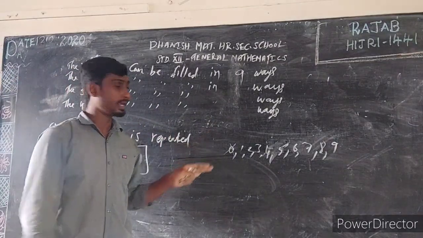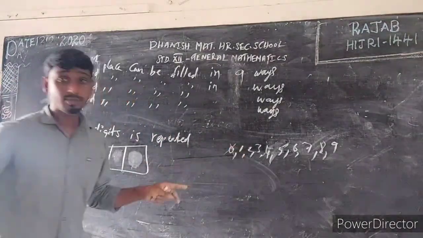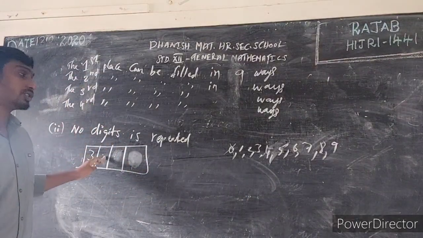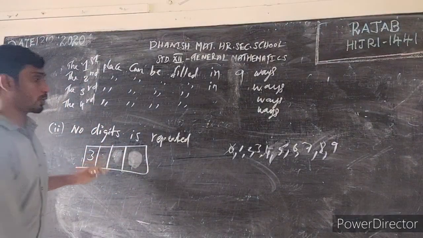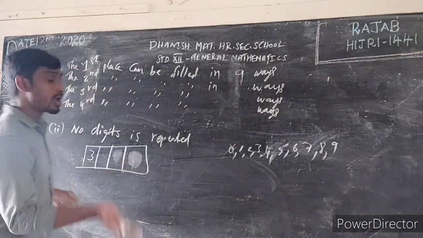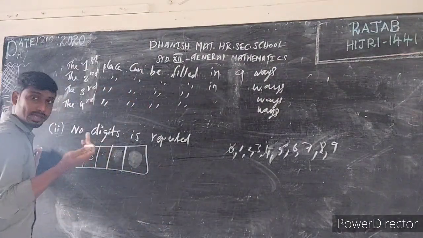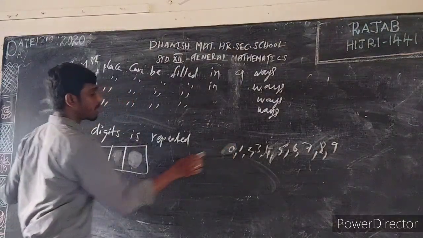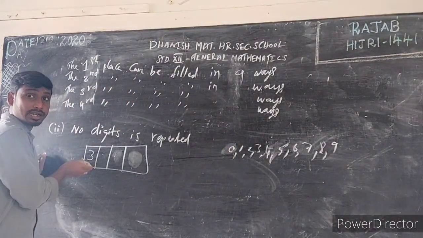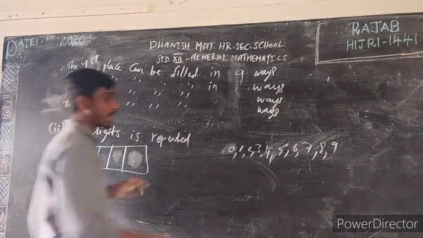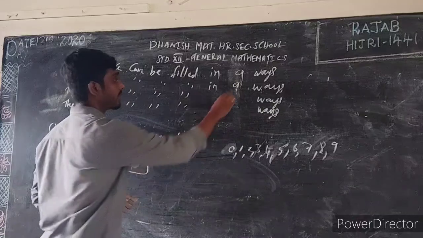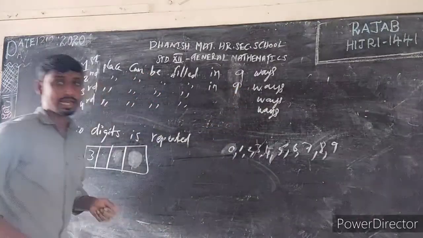For the second place you need to apply 0 also, so 0 is countable, including 0. We have already taken 3 here because no repetition is allowed, so cancel this 3 here. How many ways here? There will be 9 ways, the remaining ways, that is 9 here.